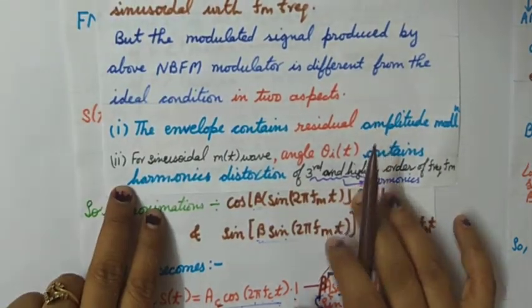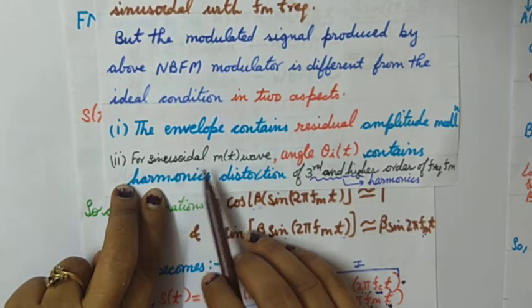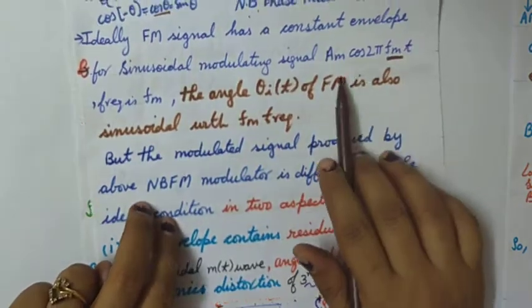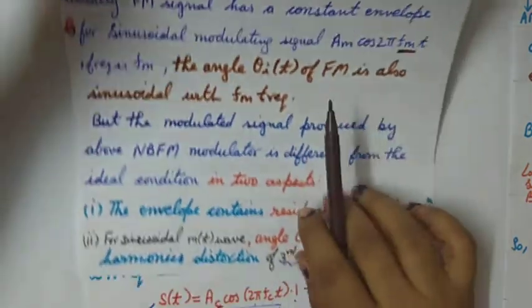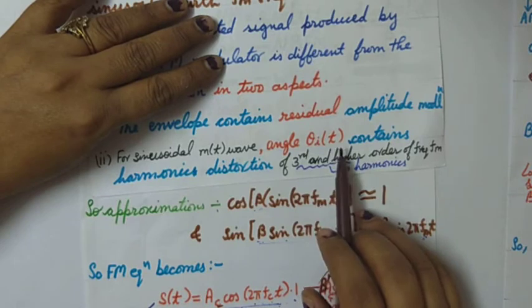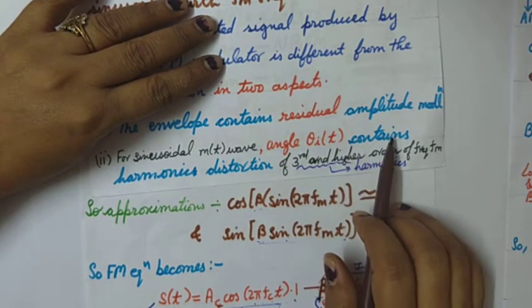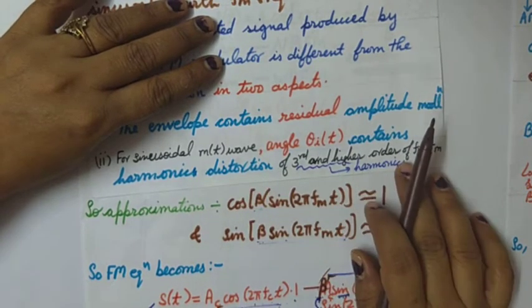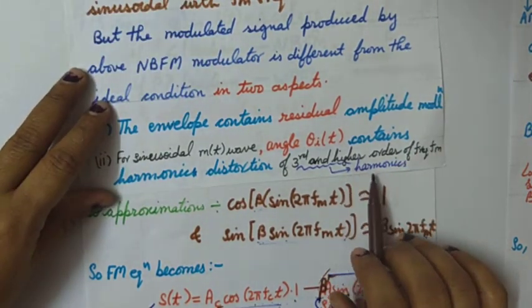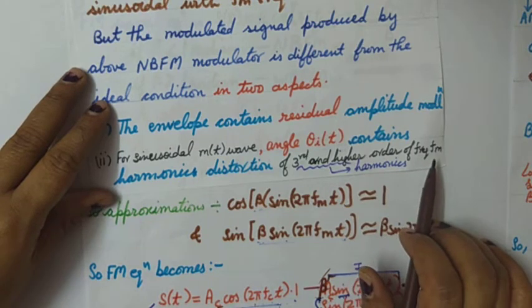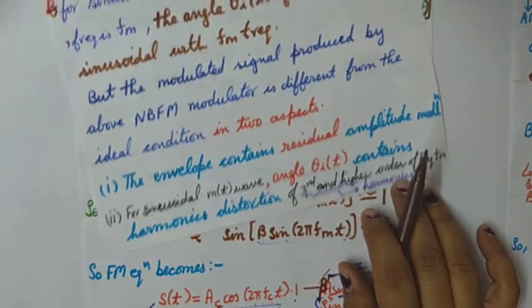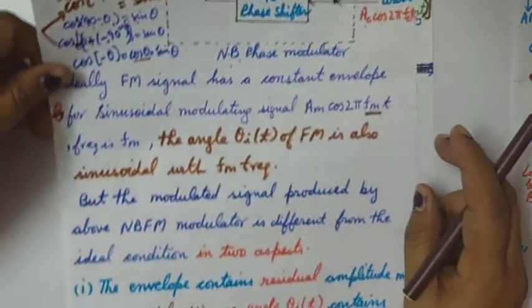And the second is that for the sinusoidal modulating signal, which we have said is AM cos 2 pi FMT, the angle theta i(t) contains some harmonics, meaning it has harmonic distortion of third and higher order harmonics of frequency FM. So these two things are present inside the signal, which should not be present ideally.